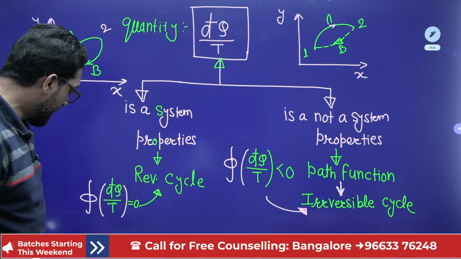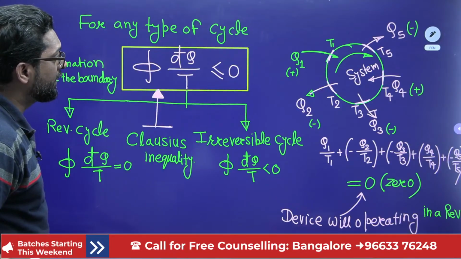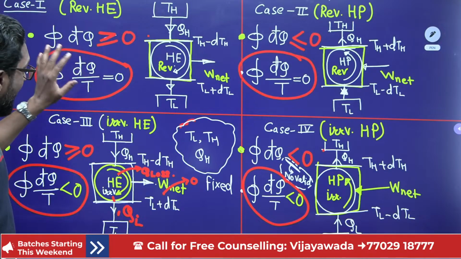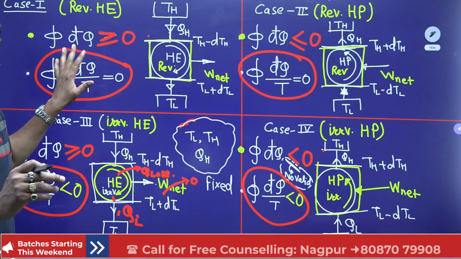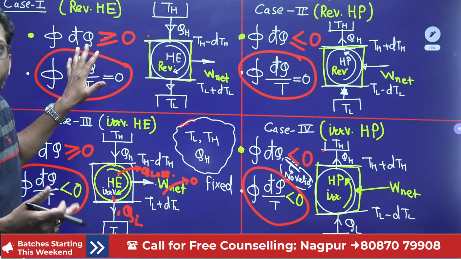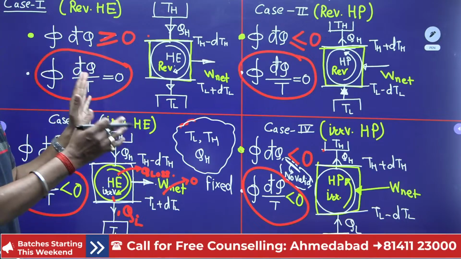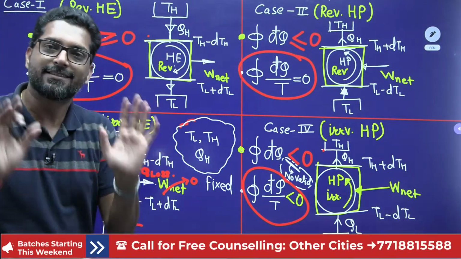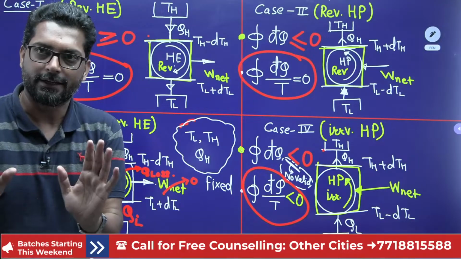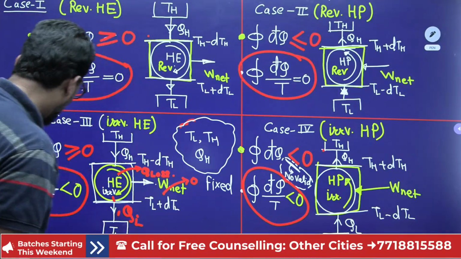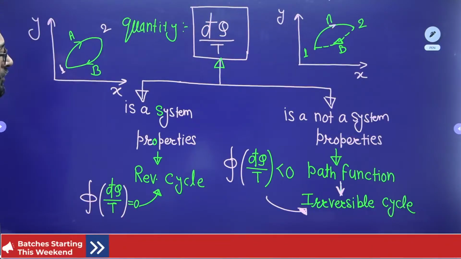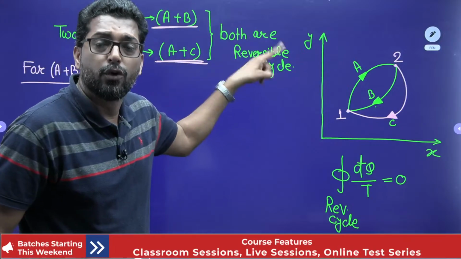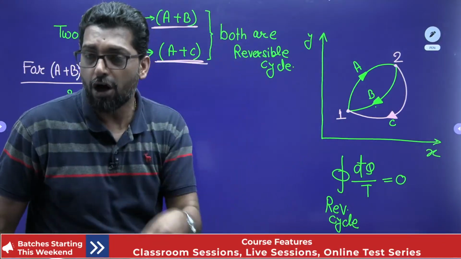See, what was in the previous classes? It was only this quantity, which is a measurable quantity. So how will it apply to a cycle, and what is the nature of this quantity when the cycle is reversible or not? I will discuss up to that right now, okay? Now we take the process. We have to look at dq by t for the process.